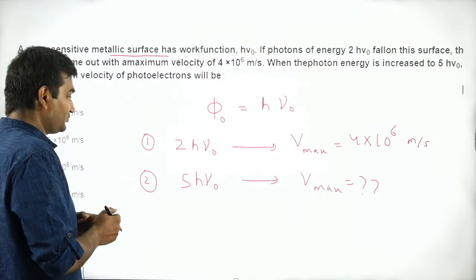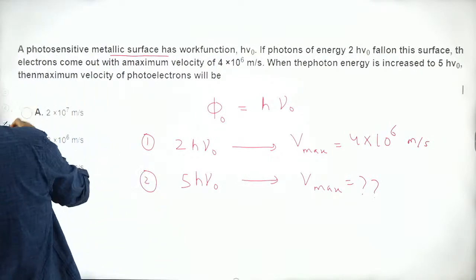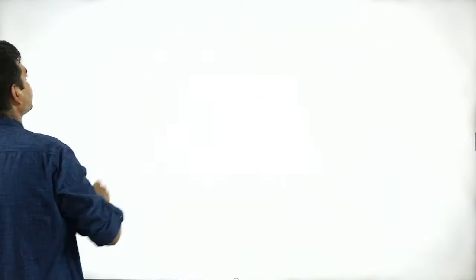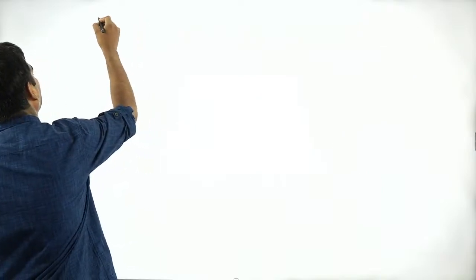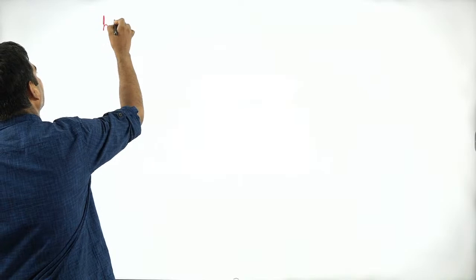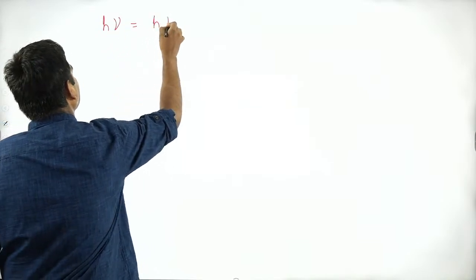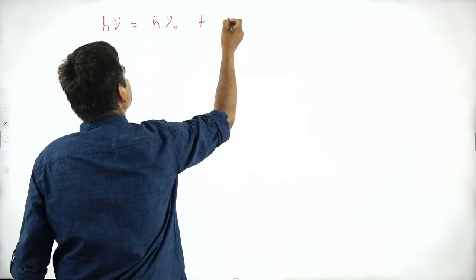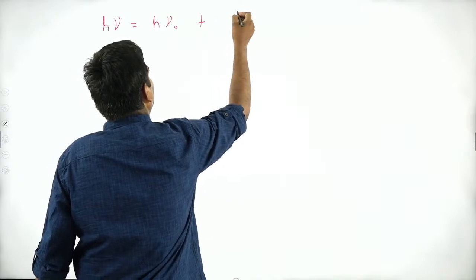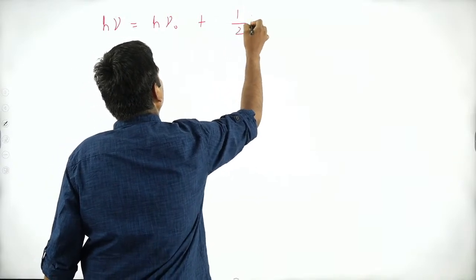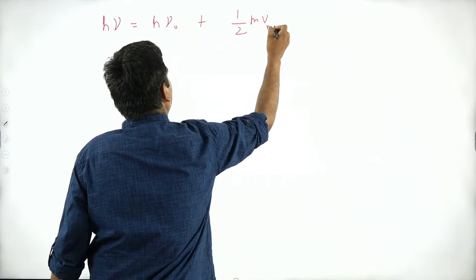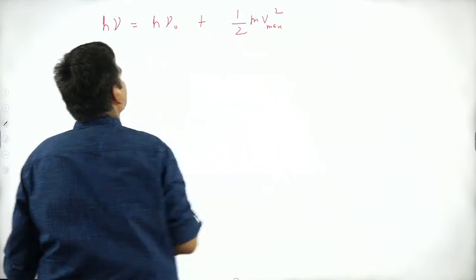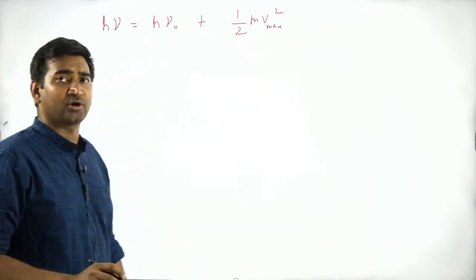See, when we write energy, that means h nu is equal to h nu naught plus K max, or half m v max square. This is the Einstein photoelectric equation.